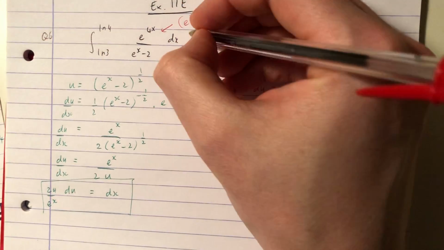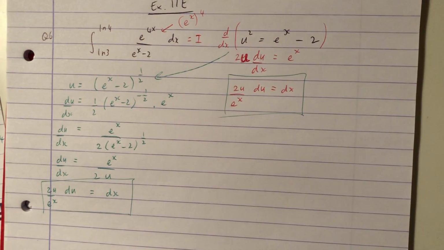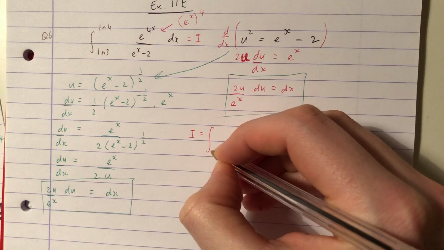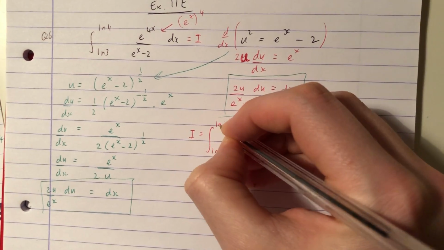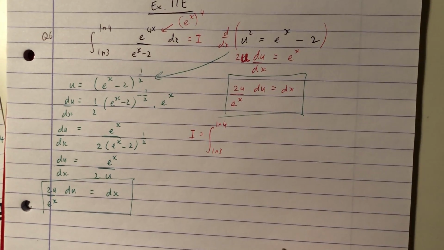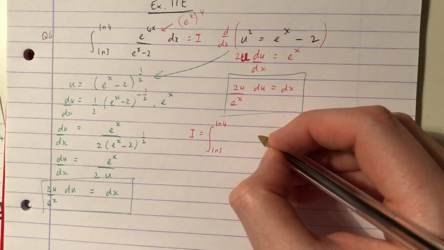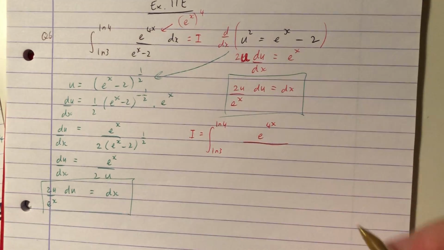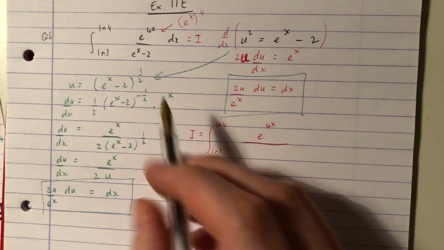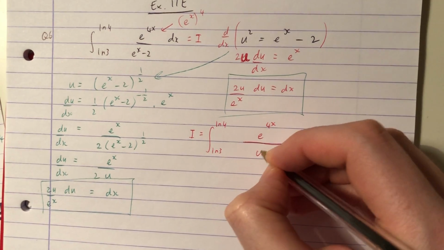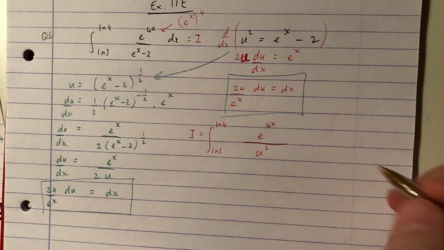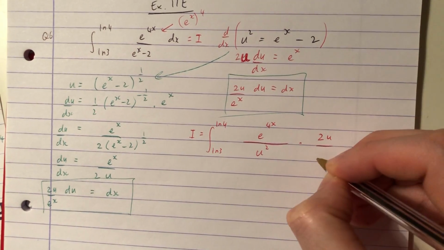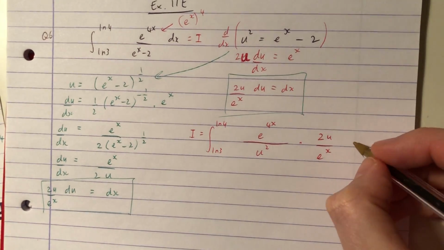Okay, back to the integral though. So I is equal to, okay, I'm not going to change the limits yet. e to the 4x, again, I'm not going to touch that yet. It's not an easy substitution. Over e to the x minus 2 is an easy substitution, it's u squared, times dx gets replaced with this, 2u over e to the x du.